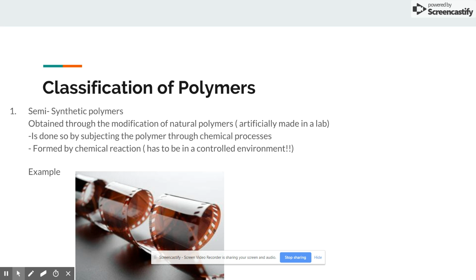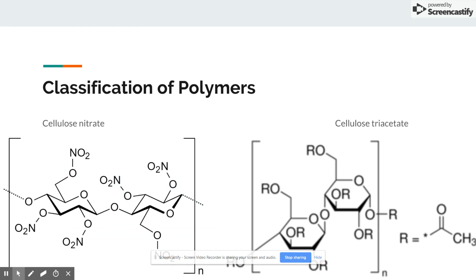A controlled environment is a place where scientists do an experiment, and it has to be at a certain room temperature, certain lighting, and other things that we can control. An example of this is the film used back then to take pictures. Another example is cellulose nitrate, which is then chemically altered to cellulose triacetate.